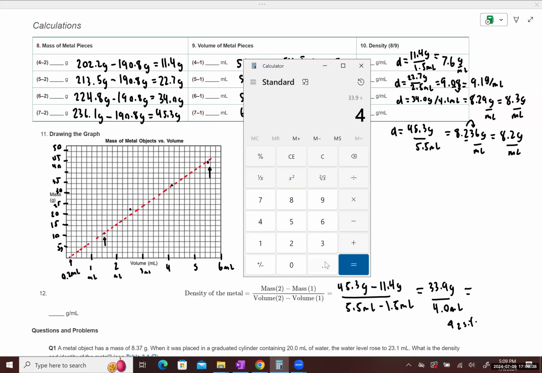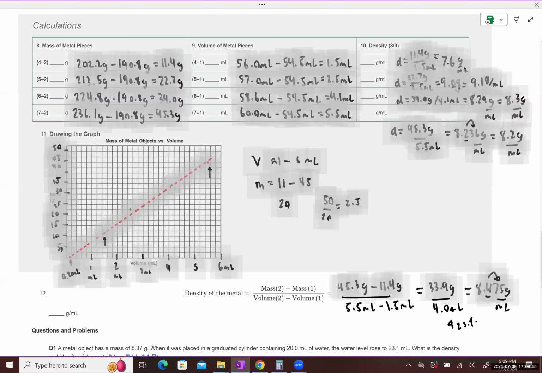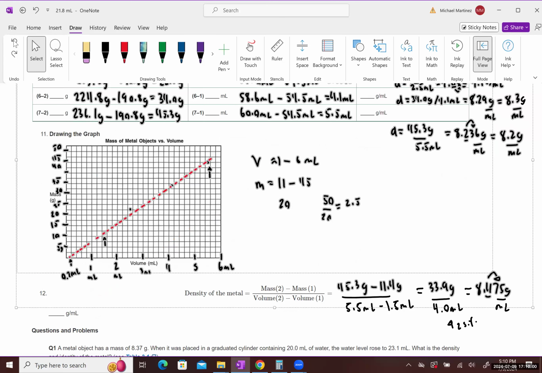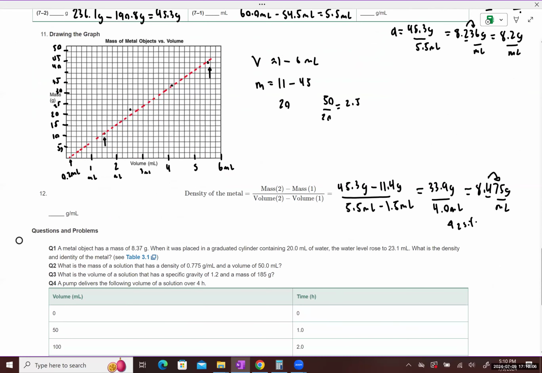So we take 33.9 divided by 4.0, that gives us 8.475 grams per milliliter, which we round, and that in turn will give us a rounded value of 8.5 grams per milliliter.